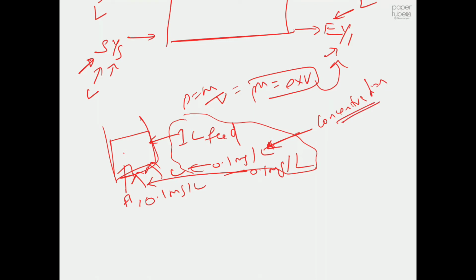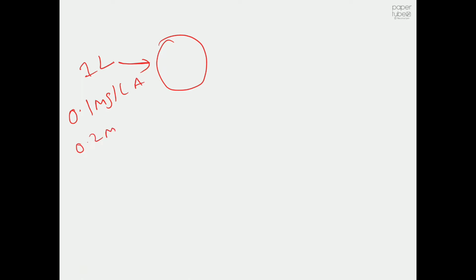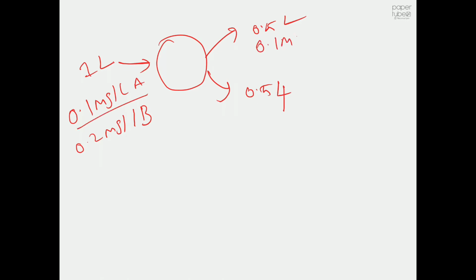If you want really simple, say 1 liter goes inside, and 0.1 milligram per liter of A, 0.2 milligrams per liter of B, and then you say 0.5 liters and 0.5 liters, and then if we get 0.1 milligram per liter in the top, so for the remaining, what will be the concentration here of A?